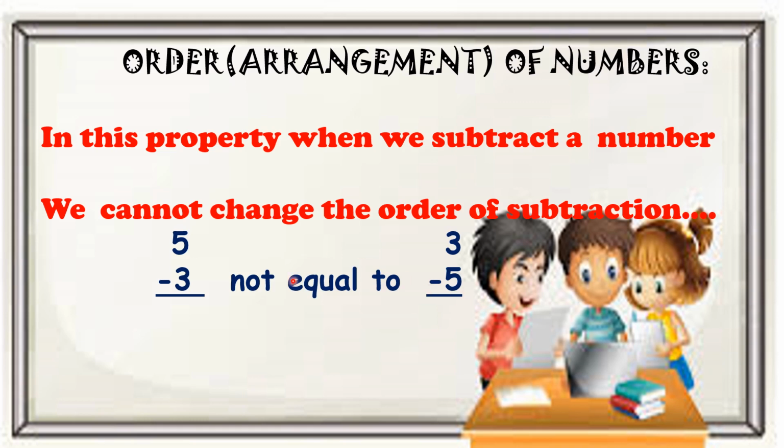These both are different. While in addition, we can switch. 5 plus 3 will be the same as 3 plus 5. But in this property of subtraction, numbers cannot be exchanged with each other.